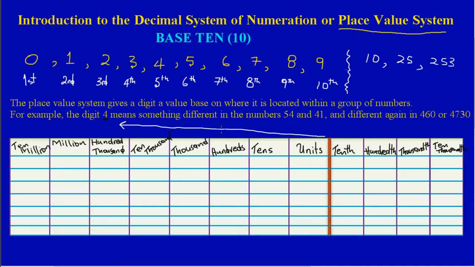Now, if you notice, it's the opposite here. To the right of the decimal point, the more I move to my right, the number is getting smaller and smaller. That's a critical thing I would like you to note. Here we have labeled our place value system in words.